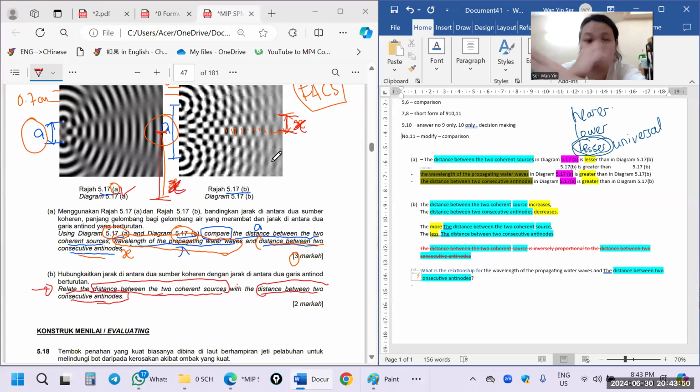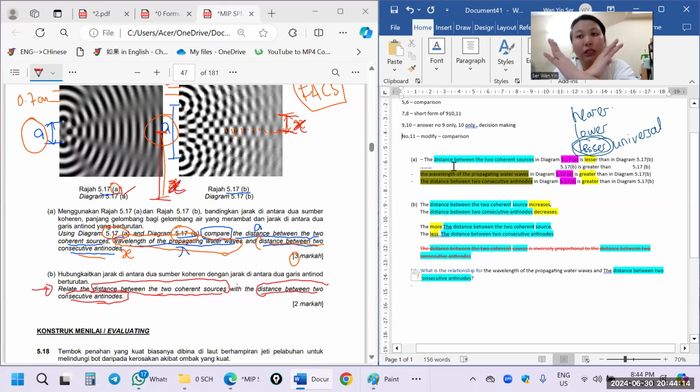No need to copy the question back. Just answer. Just write A, B, C, A1, A2, A3. Teacher will mark according to that. Same as your chemistry and bio, alright? Chemistry also, no need to copy, just answer on the test paper.